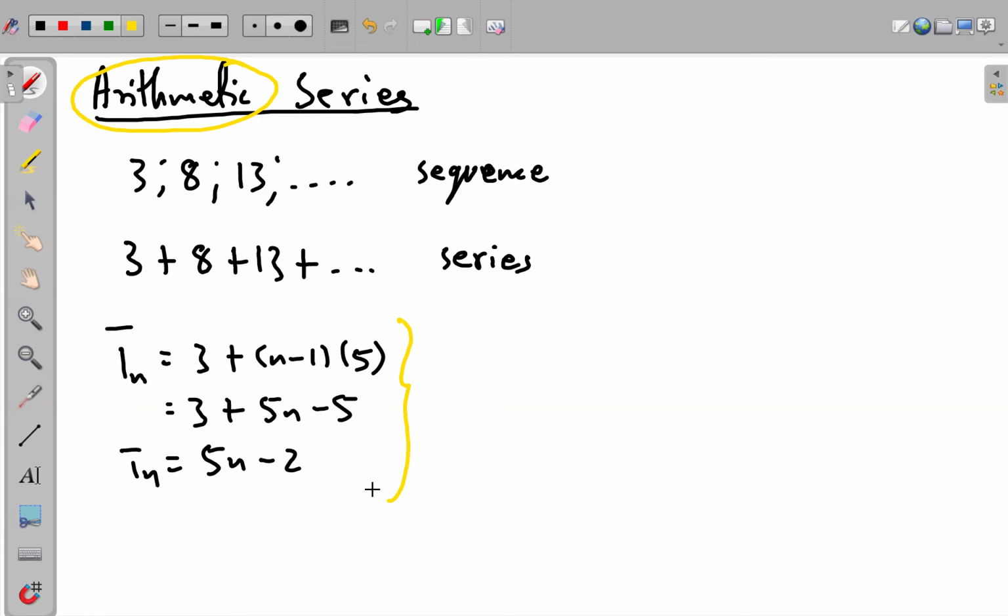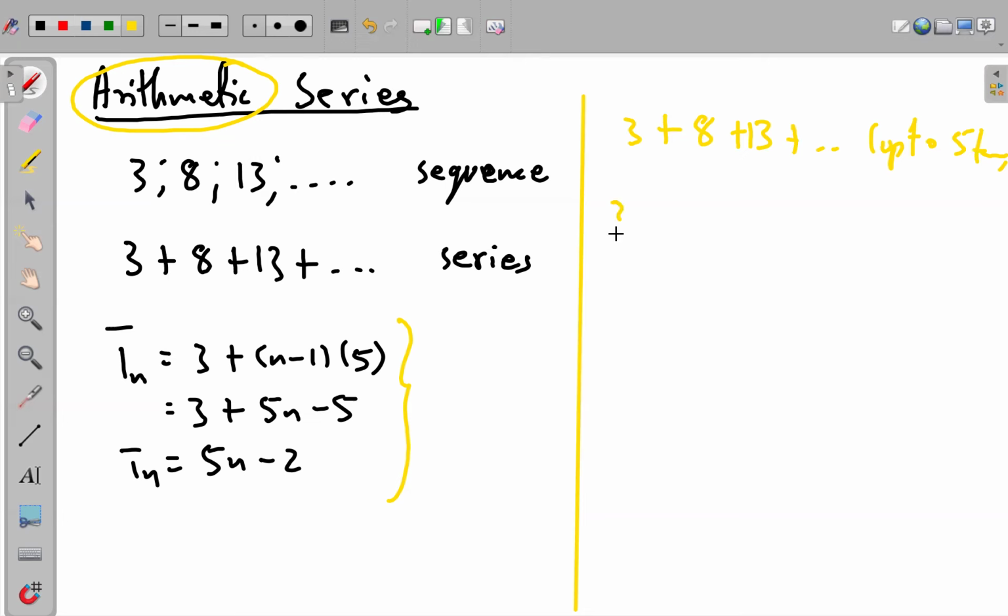The only difference now is that instead of just working out the general formula, in a series you are actually adding up a sum. Imagine I asked you to find the sum of the series 3 + 8 + 13, up to 5 terms.